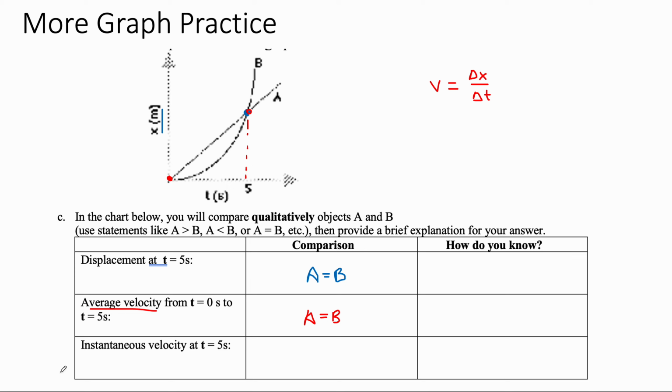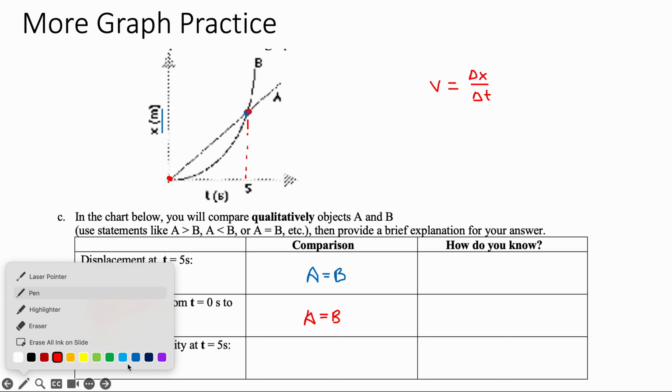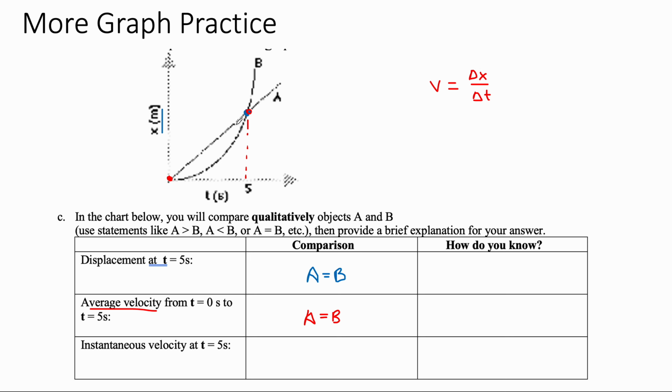Now, the instantaneous velocity, that's where it gets a little bit more exciting. If you look at it, A's velocity at that instant is the slope of this line, whereas B is the slope of this line. So in this case, B's velocity is greater than A. How do we know that? Because the slope is greater.